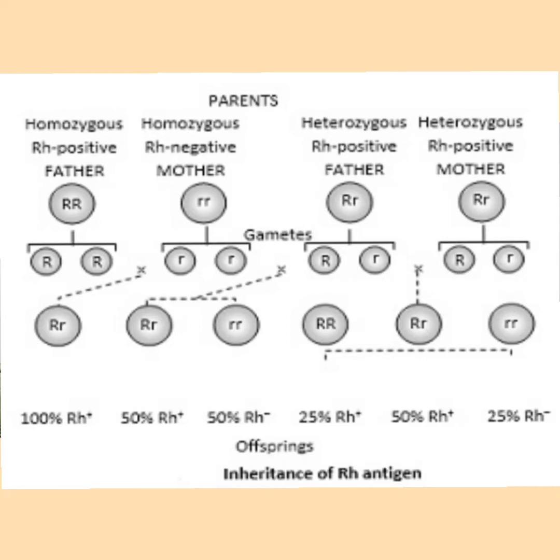That is, 75% of the population will be Rh positive and 25% will be Rh negative. Out of the 75%, 25% will be homozygous and 50% will be heterozygous. This is the inheritance of the Rh antigen.